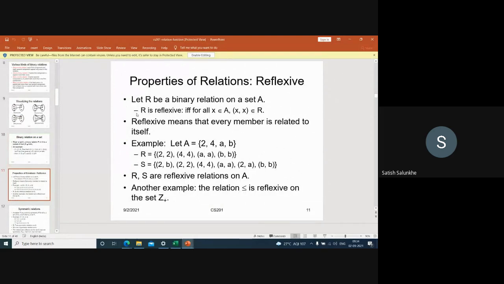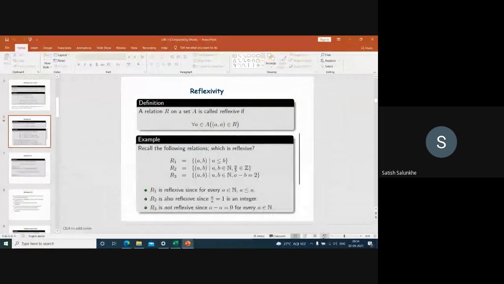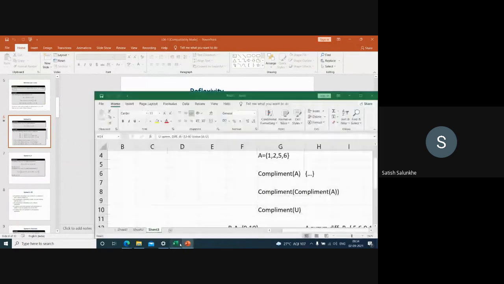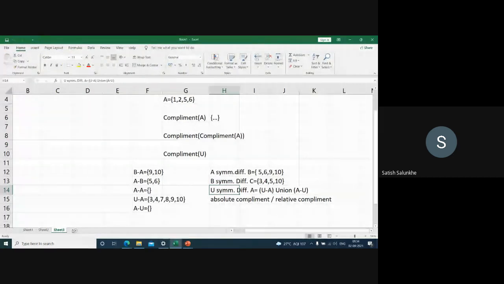We'll see this example by learning some property. So still, what I will do, I will post some exercise for you to answer. It will be better.